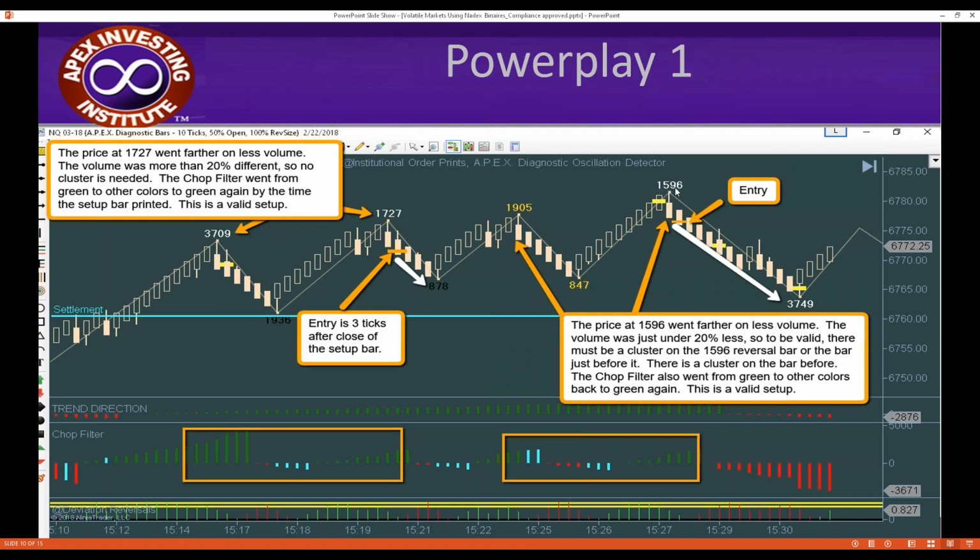Only 1500. Okay, so notice when it did that here and did that here, we popped down. Here it went up on 1900, here it came up a little bit further on less volume, had no more strength, exhausted. This bar closed down, right? We've got our cluster here, and the market goes down.